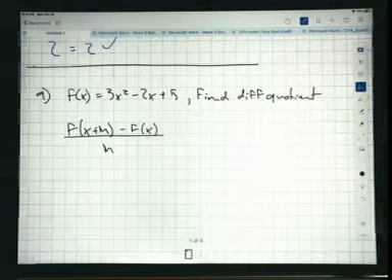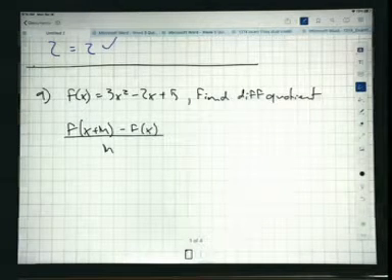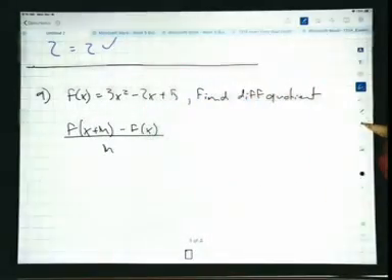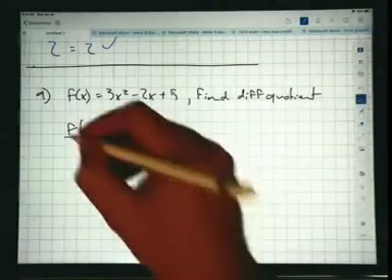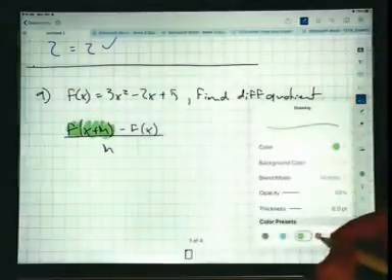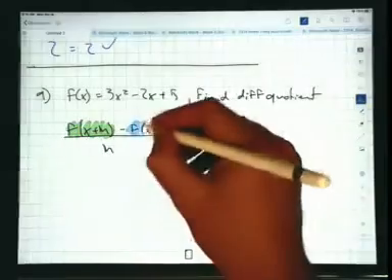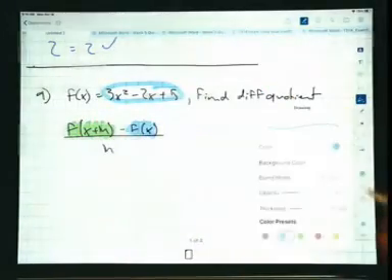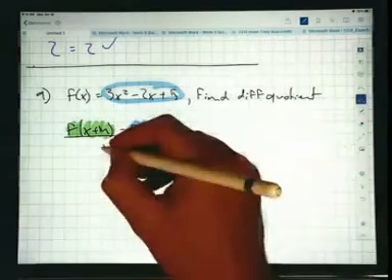I like to think of this in 3 parts: there's the f of x plus h, our f of x, which is already given to us, and then we have our h.